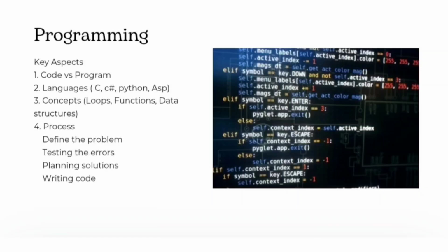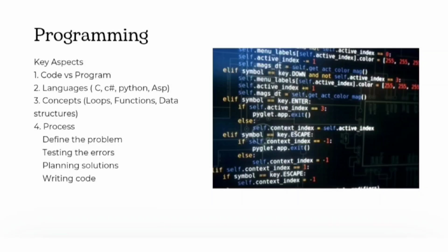And then the fourth one is process, where we define the problem and test for errors. Once you finish the programming, you are going to test your applications. You check how it runs, and if you give some data to the project, whether it will accept or reject it, everything you are going to test, and that type of errors. And then planning solutions.